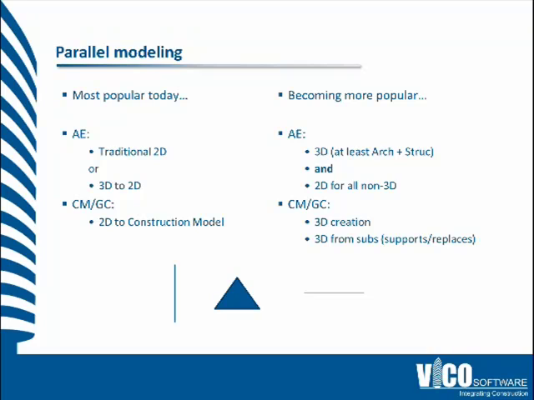On the parallel front, so what we're seeing at the moment, most popular in today's market, is that either the A&E team is just working in a traditional 2D fashion, or they're working and using a 3D model and generating backgrounds for the 2D information, and then the construction management or the GC would then use those 2D outputs from either the traditional or from the 3D to 2D and create their own parallel construction model fit for their purposes.